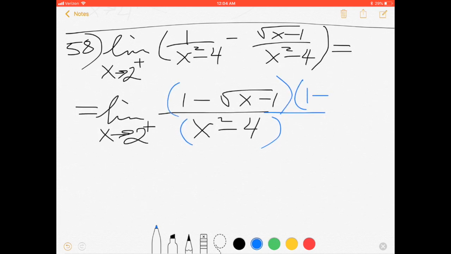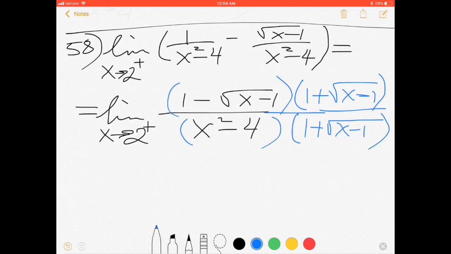This means both fractions I multiplied by 1 plus square root of x minus 1, and I divide by the same. Because I multiplied and divided by the same thing, nothing changes, but we can work now. Limit x approaches 2 from the right.